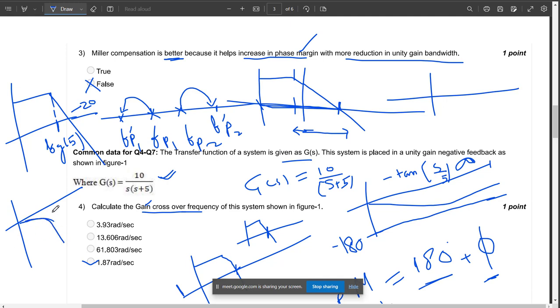One second, sorry, not like this. This is a phase curve, something like this.